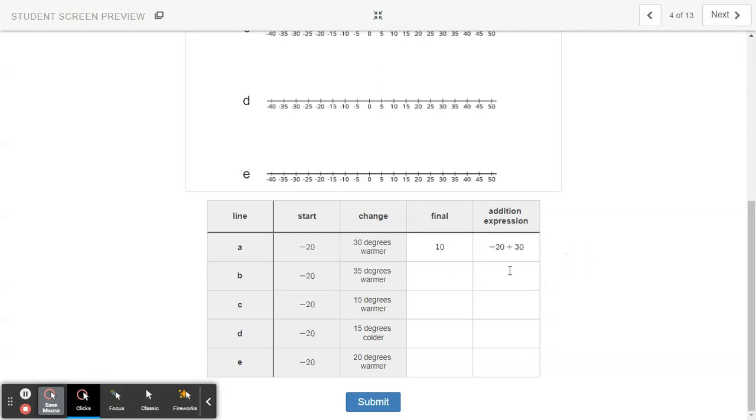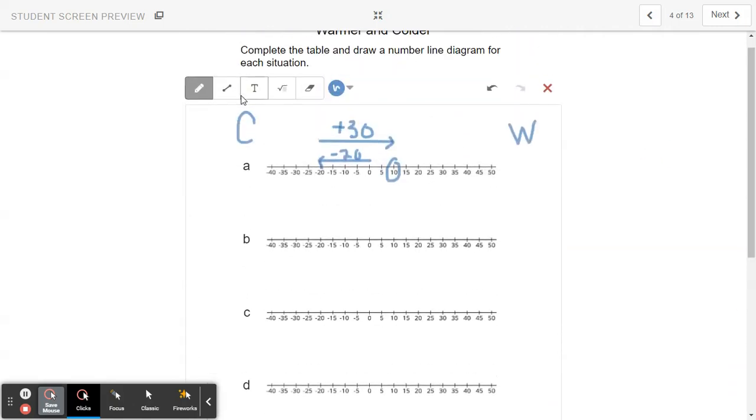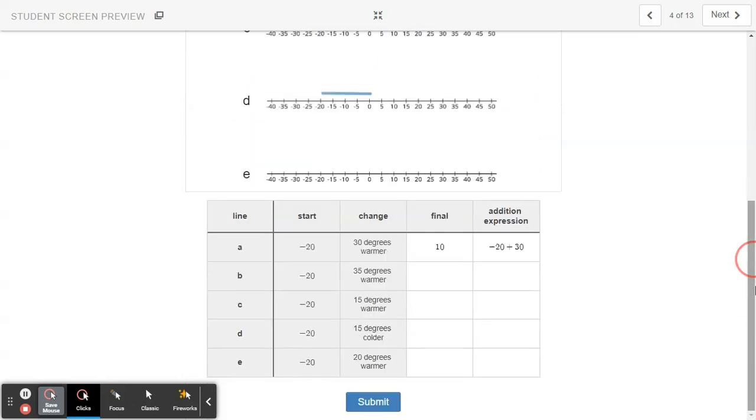So it's negative 20 plus 30. We're going to do the same thing for this one. And in fact, they all start at negative 20. So I actually know every single one of my number lines that we're going to work on today is going to start with going from 0 to negative 20, right? 0 to negative 20. They're all negative 20 starts.